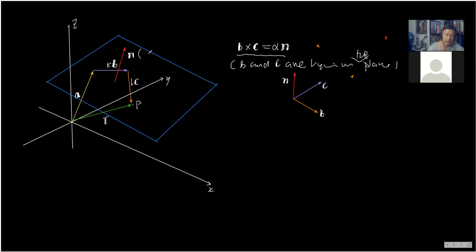How can we write these two together? If these two vectors are on the same plane and the cross product, they must be the same. How can we define this? How can we write this plane?